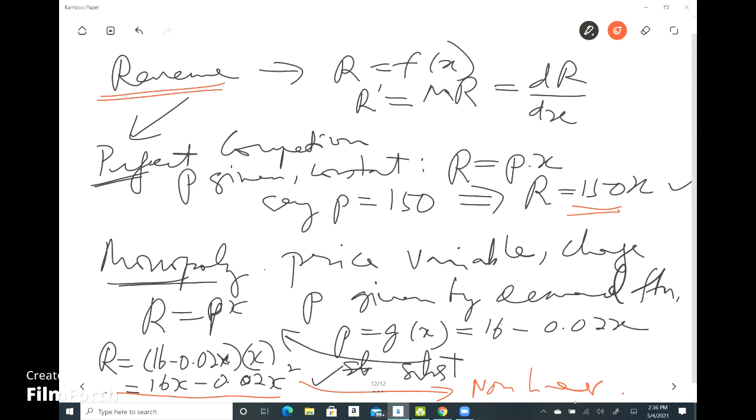All right. Okay. So again here, if you look at that example, you have the revenue function. Go to example number 1. You have the revenue equal to 16x minus 0.02x squared. So the marginal revenue will be easily computed. Okay, you can determine very easily.